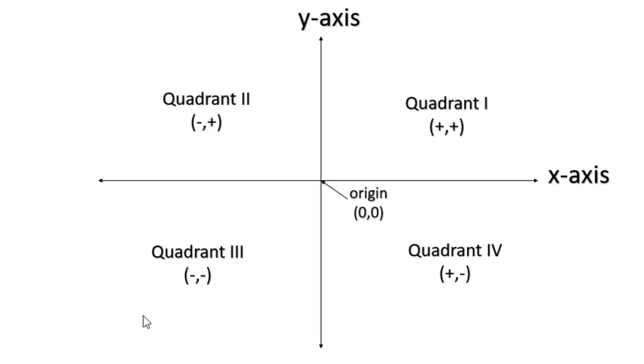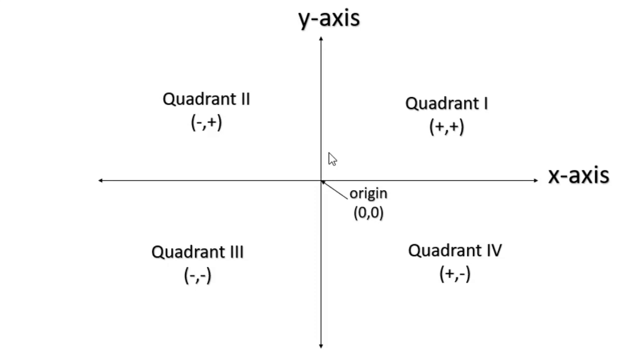Now, let's take a review about the Cartesian coordinate system. So, we have this Cartesian plane composed of two perpendicular number lines that meet at the point of origin, 0 and 0, and divide the plane into four regions called quadrants.